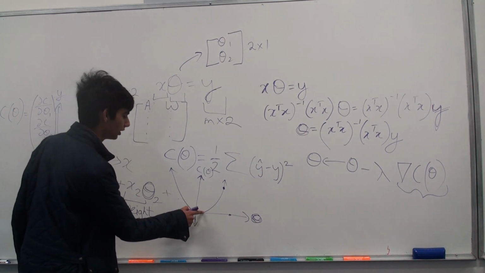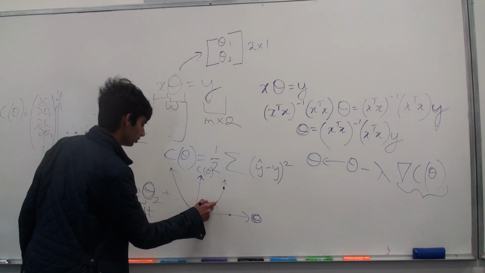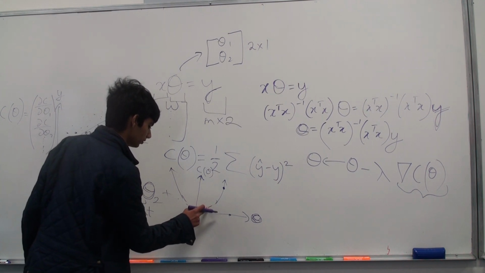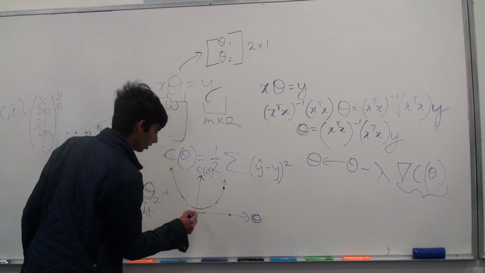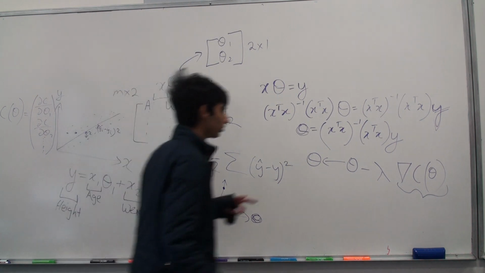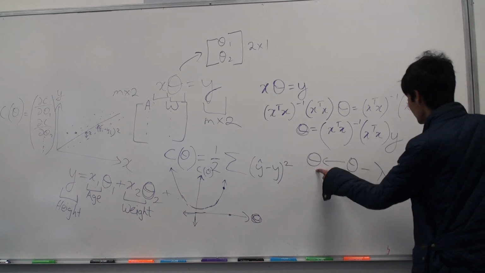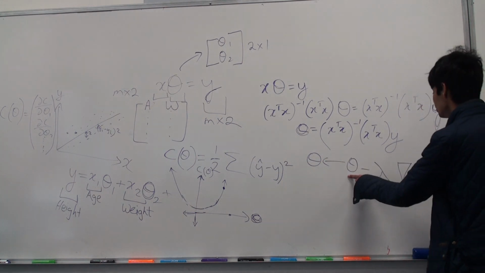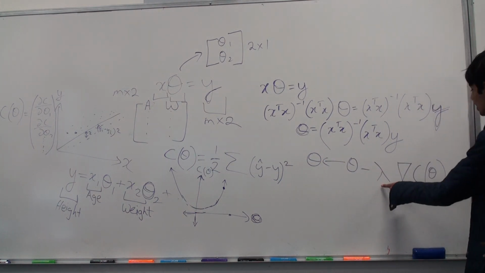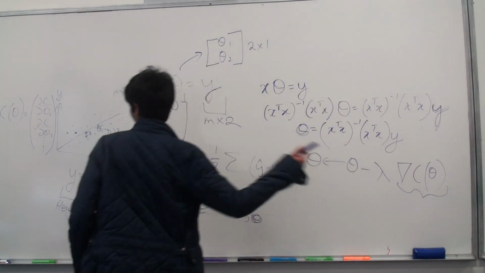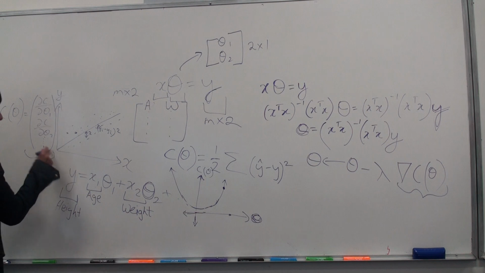Now it doesn't always have to be like this. Okay, so we have theta, its initial value, and its new value is now equal to its previous value minus some learning rate lambda times the gradient of the cost function, which is just this matrix here.